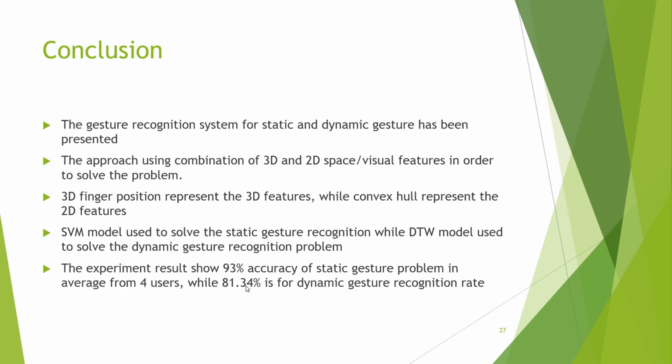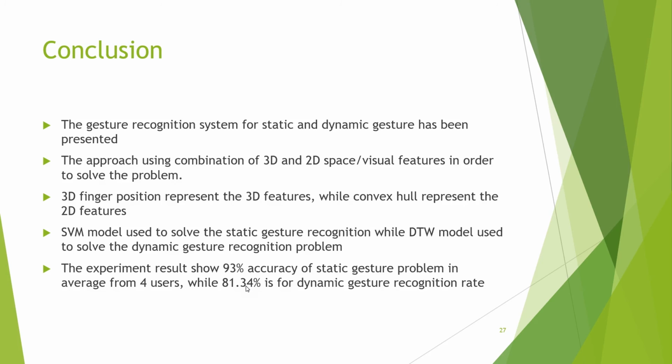For the conclusion, a gesture recognition system for static and dynamic gestures has been presented. The approach uses a combination of 3D and 2D visual features to solve the problem, using the 3D finger position as 3D features, and the convex hull and the contour of the hand as 2D features.